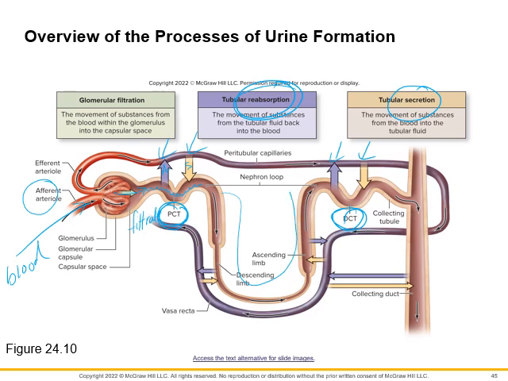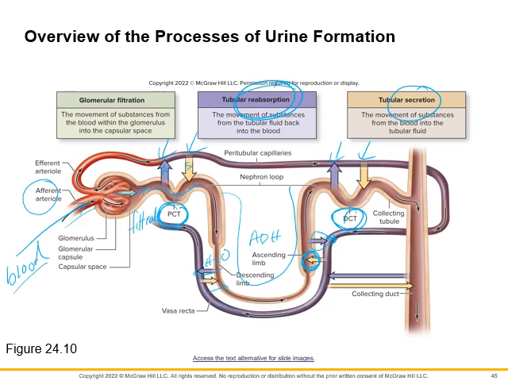When we get to the nephron loop, this responds to ADH. This is more about water secretion or absorption. So we're pushing water out into the bloodstream, back into the capillaries, or we're pulling water out of the capillaries back into the tube. So remember, if we're pushing something into the tube here, we're ultimately hoping for secretion. If we're reabsorbing it, we're reabsorbing it back into the capillaries because we want to keep it in our blood.